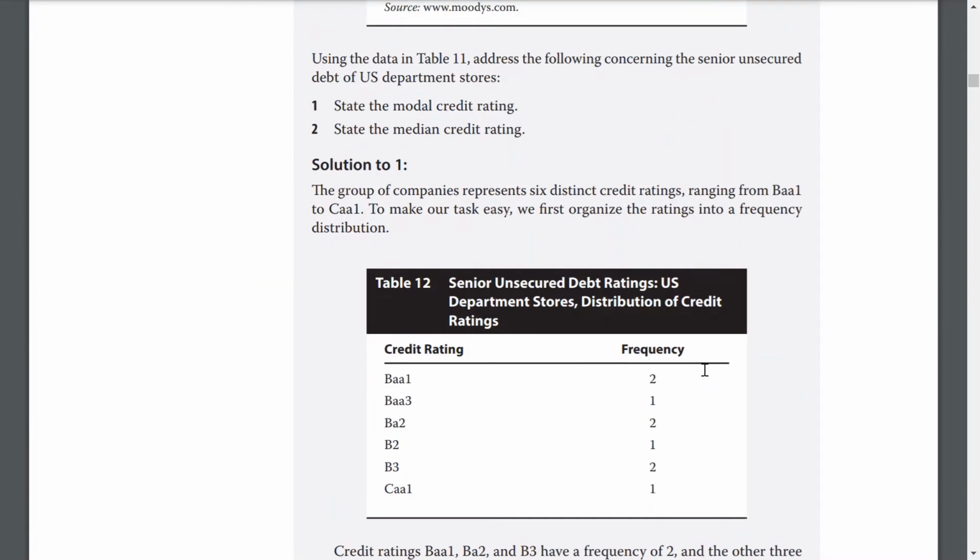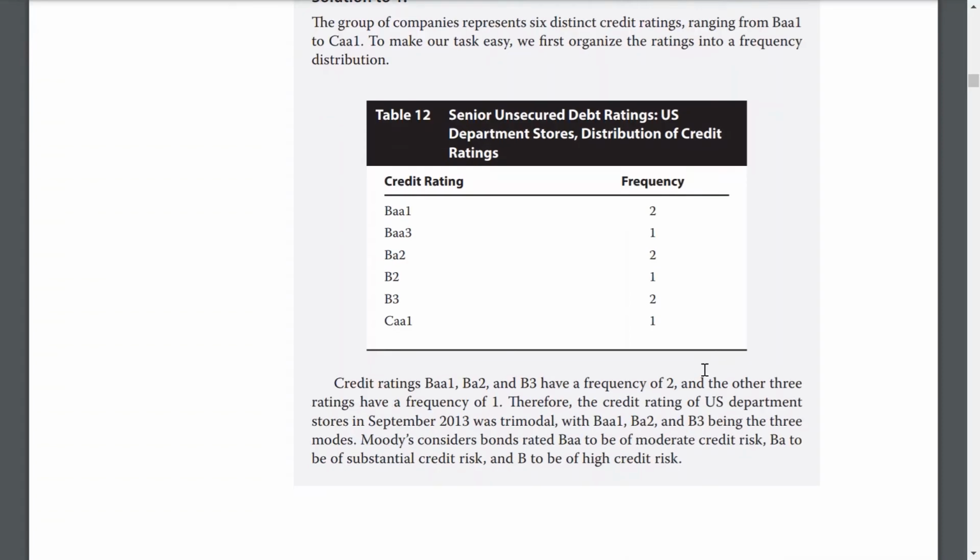The group of companies represents 6 distinct credit ratings ranging from BAA1 to CAA1. To make our task easy, we first organize the ratings into a frequency distribution. Credit ratings BAA1, BA2, and B3 have a frequency of 2, and the other 3 have a frequency of 1.